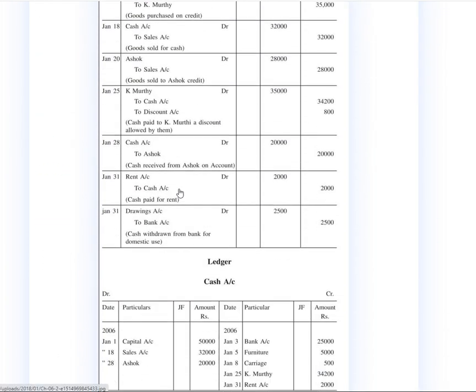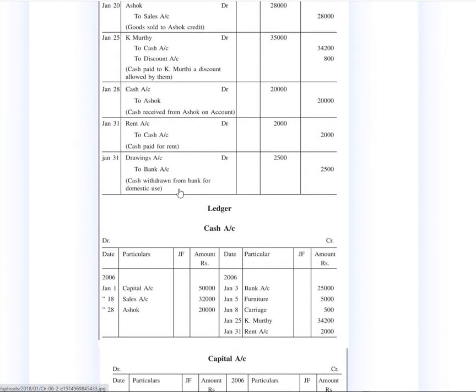As the amount is drawn from the bank, we are hitting the bank account. So on January 31st, drawings account debit to bank account, that is 2,500 rupees. It is debited because when we are drawing money from the business, drawings are increasing. When drawings are increasing, we have to debit that item as per the modern rules of accounting.